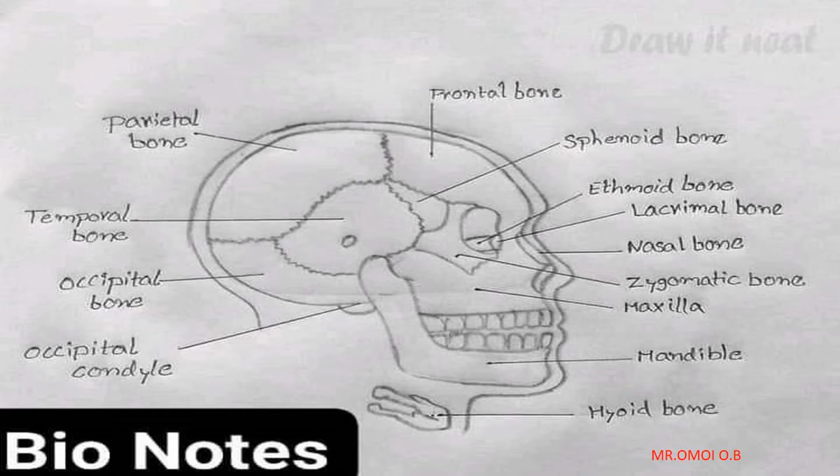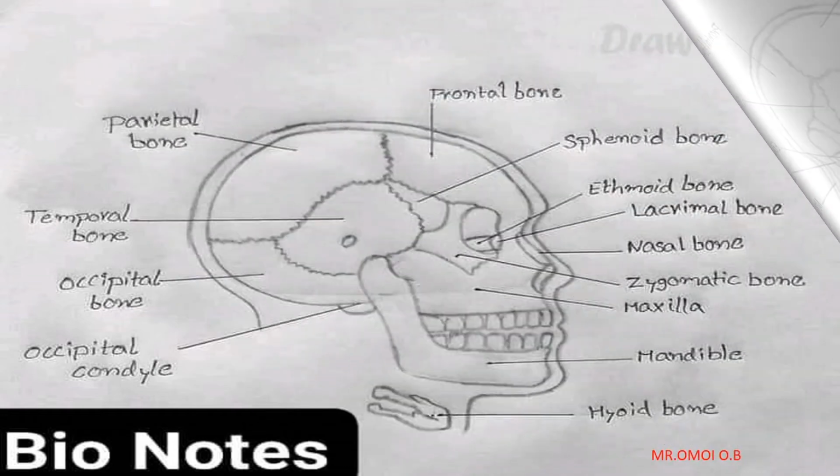We have the parietal bone and we have the occipital bone. So there are two bones that form the back of our cranium, the parietal bone on the top, and below we have the occipital bone.